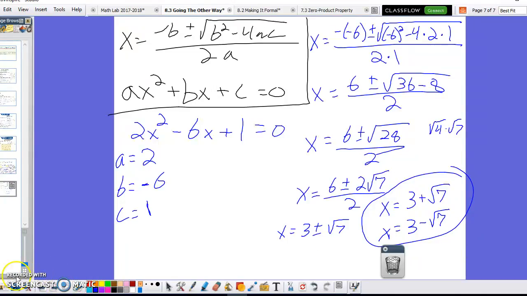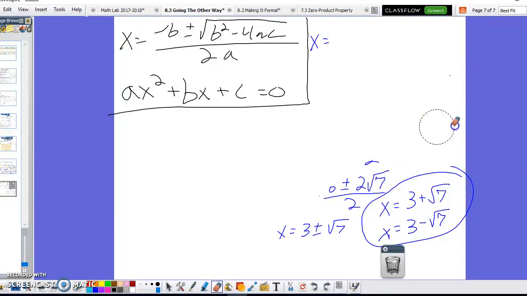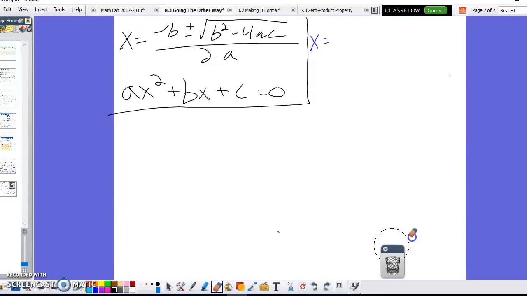Let's see, I'll work through one more example for you here. Let's do one that isn't written in standard form to begin with, and I guess I won't go too crazy on this, but if we did 5x squared plus 43x plus 59 equals 3.